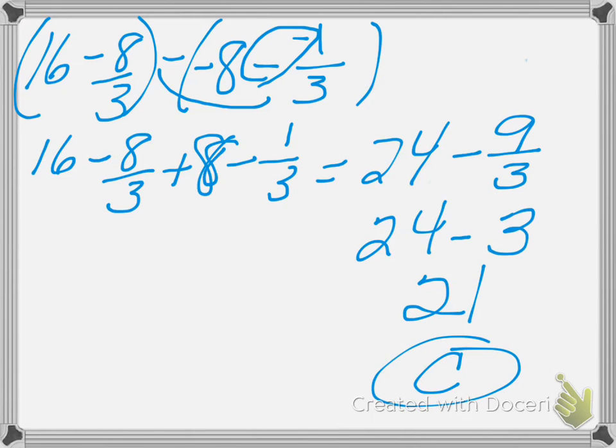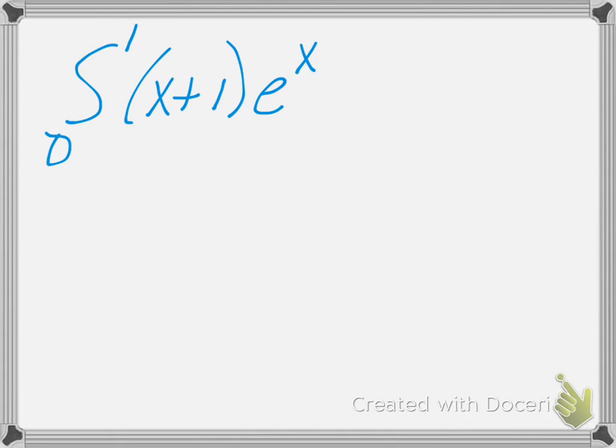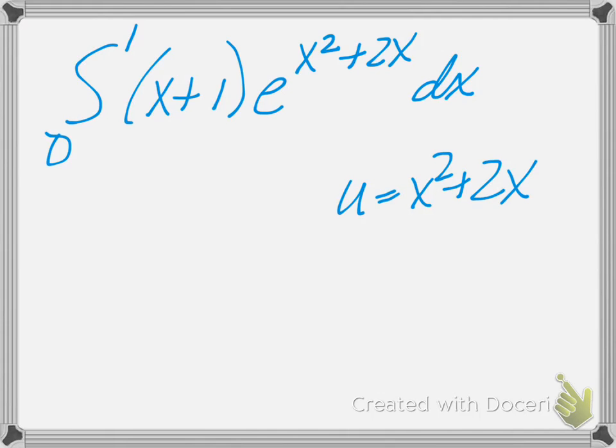Okay, next is number 5, which is this. This is going to be U substitution. You're going to say that u is x squared plus 2x, so du is 2x plus 2 dx.